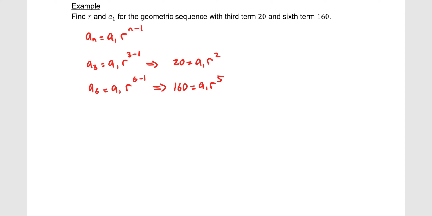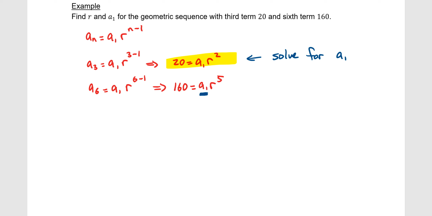What we actually have here is two equations with two variables, and that means we can solve for these variables, which is exactly what we want because we're looking for r and a sub 1. First, we can take this equation and solve it for a1, and then take that expression and plug it into the other equation.